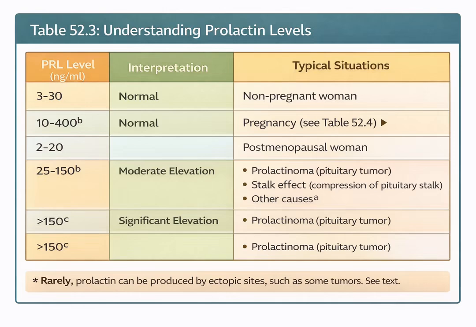Now, if the prolactin value is between 25 to 150, then it shows a moderate elevation. Now, there are two causes of elevation. The first cause is that there is a real prolactinoma, a prolactin secreting tumor within the pituitary. Here, the values will be more than 150 nanogram per ml. And the second cause is that actually there is another tumor.